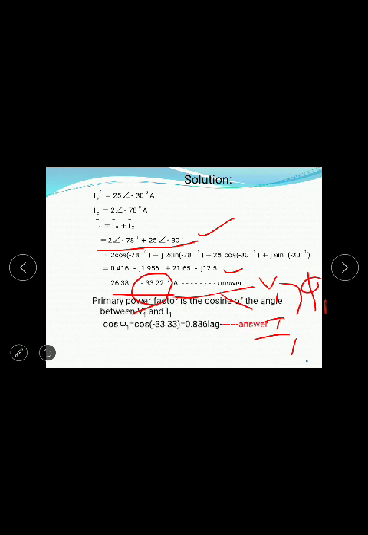So the primary power factor is the cosine of the angle between V1 and I1. So cos phi 1 is equal to cos of minus 33.22 degrees, which gives 0.836 lagging. So this is the answer for this problem.